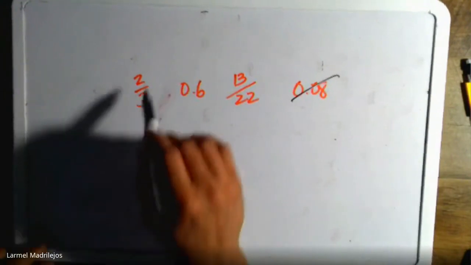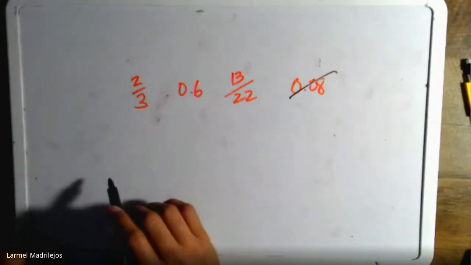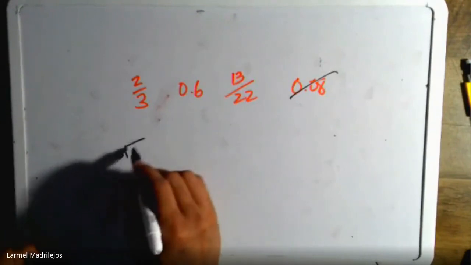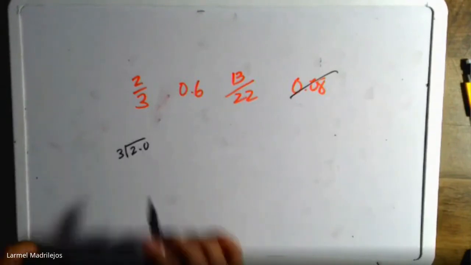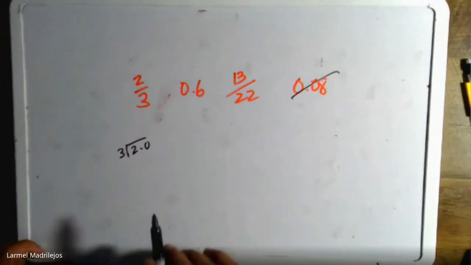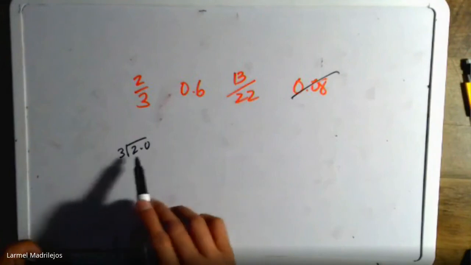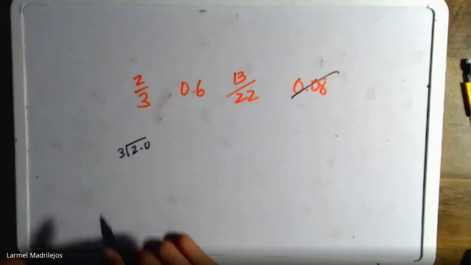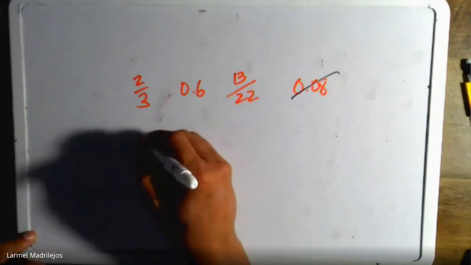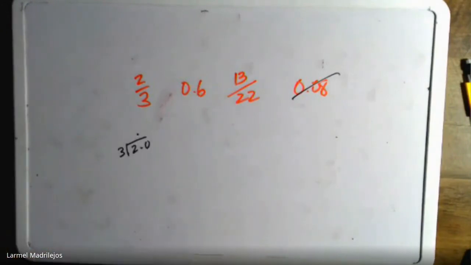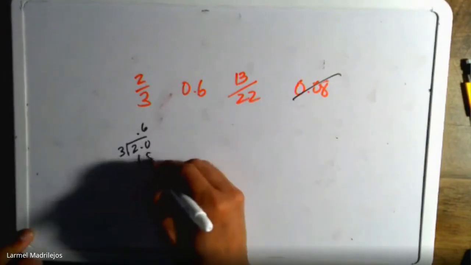If I divide this, I'm going to divide 2.0 by 3 because it's a whole number. We cannot divide 2 by 3, so we put 0. How many 3s inside the 20? I saw 6 because 3 times 6 is 18. I'll put 6 here and 18 here.